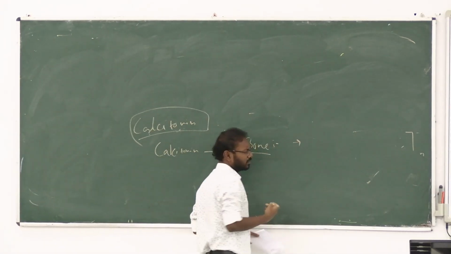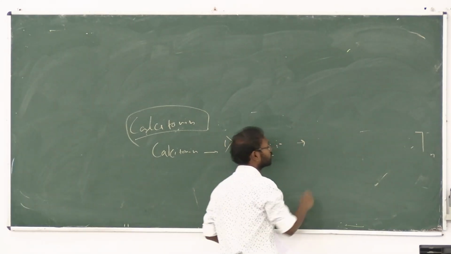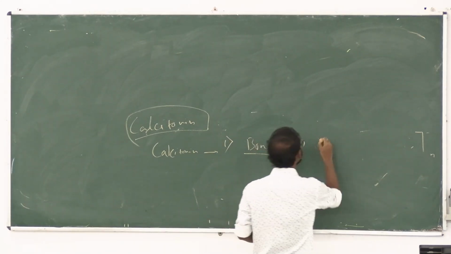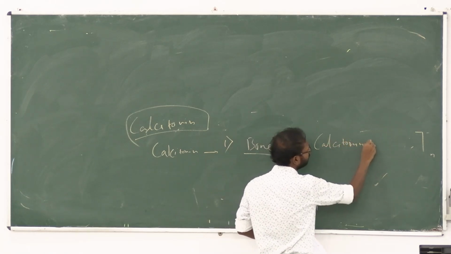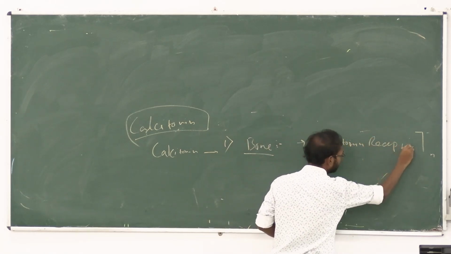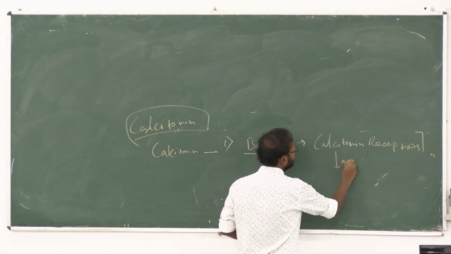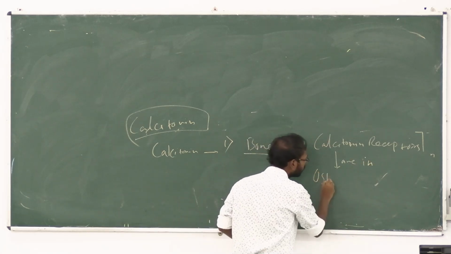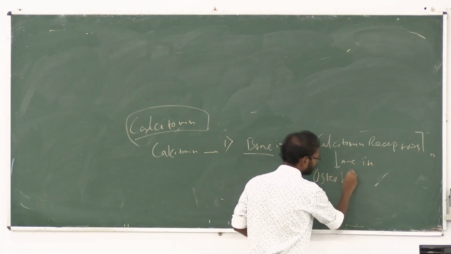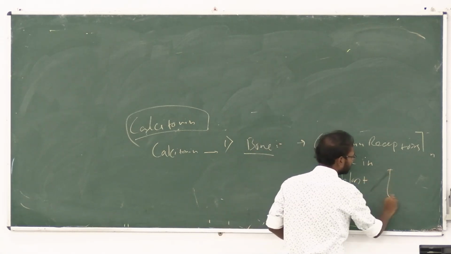Now if you remember the PTH receptor, কোথায় ছিল? Osteoclast. So the calcitonin receptor is in osteoblast, just like PTH. Okay, so it mimics PTH.